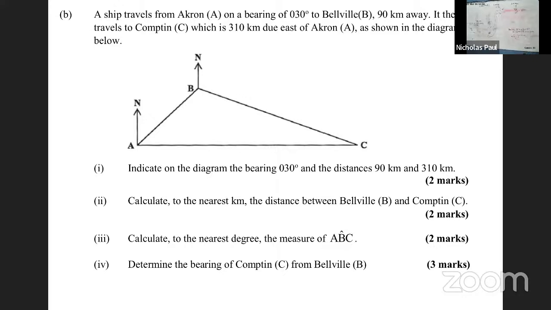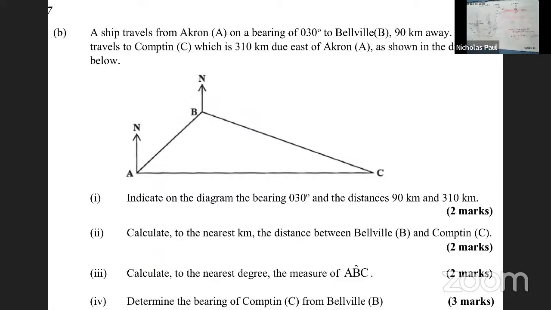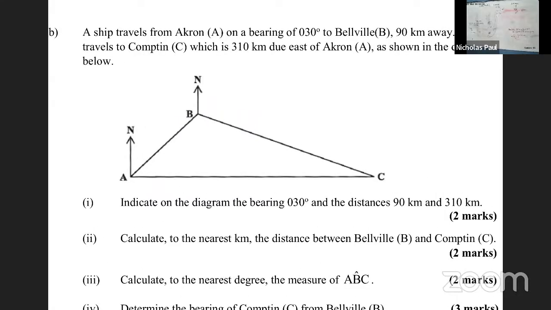All right, let's check out the values now. Ready? Right, so a ship traveling from A on a bearing of 30 to B. So this bearing is 30, this value is 60, and the length is 90 kilometers. That's okay?